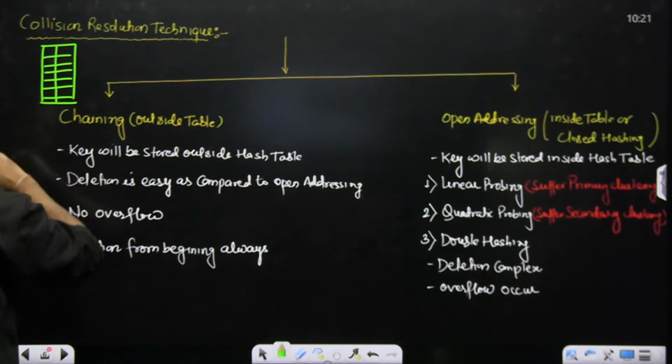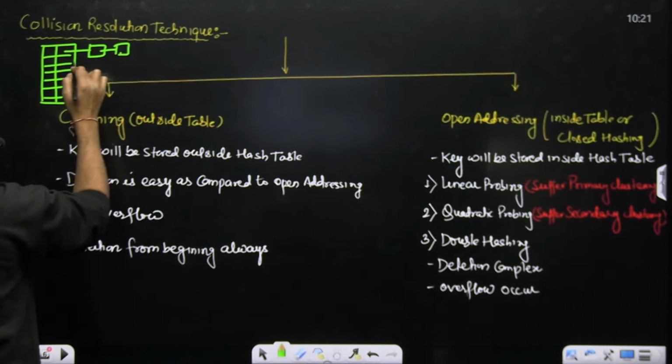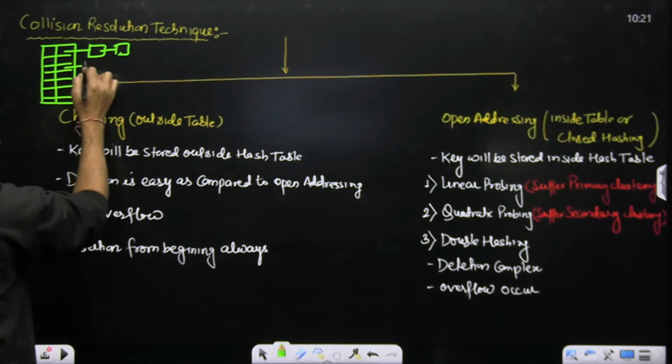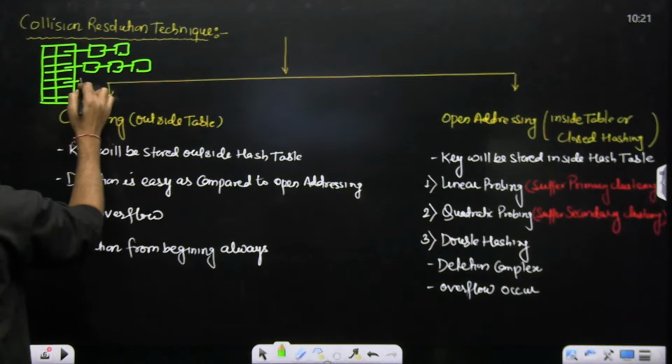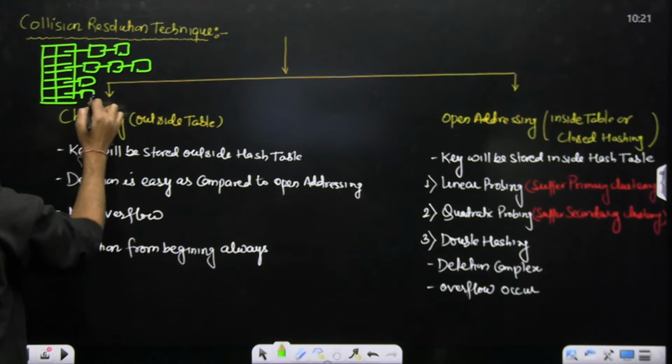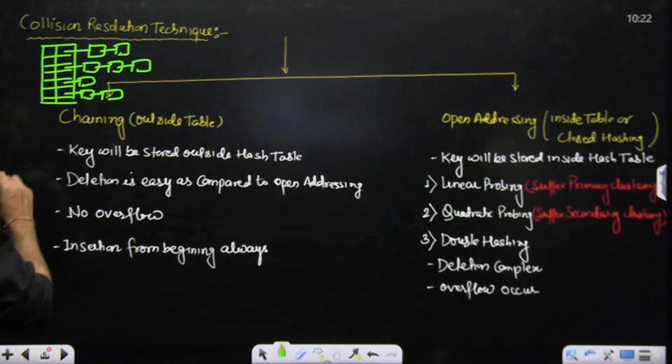Still, you are connecting keys outside the hash table in the form of a linked list, bache. So I am creating a linked list. Data इस तरह से arrange आप करेंगे. So this is the concept of chaining.